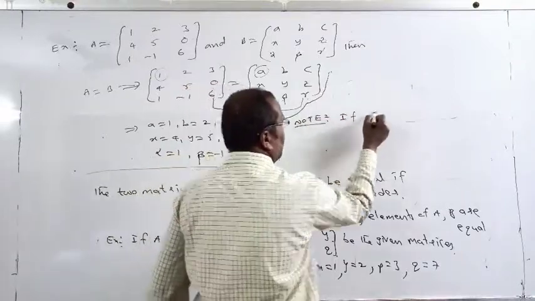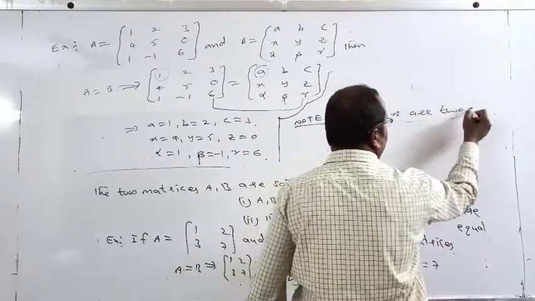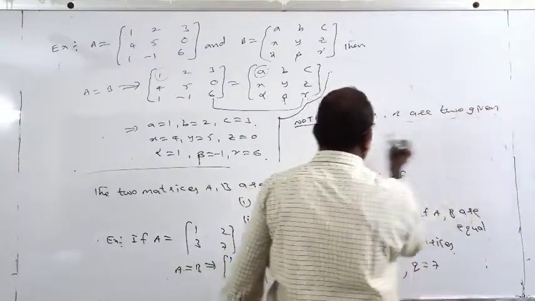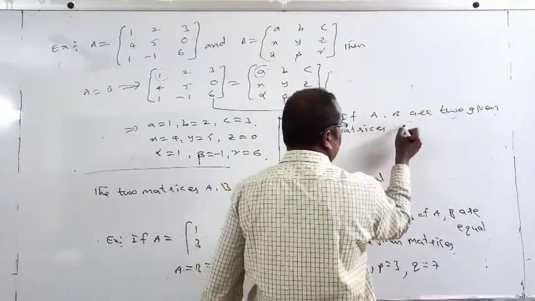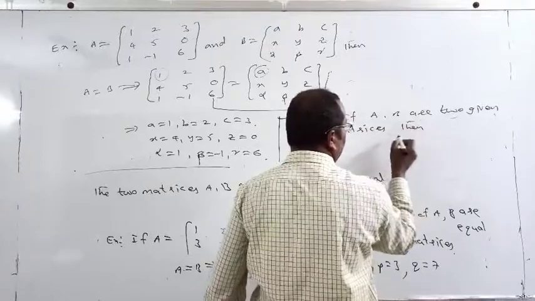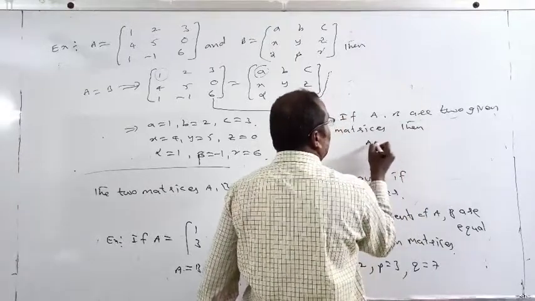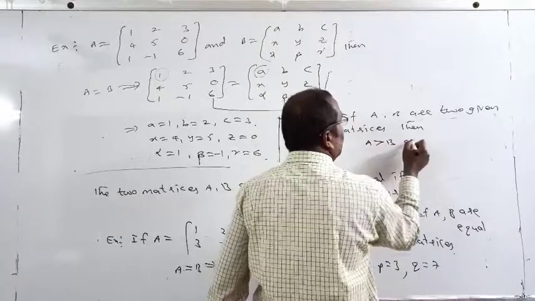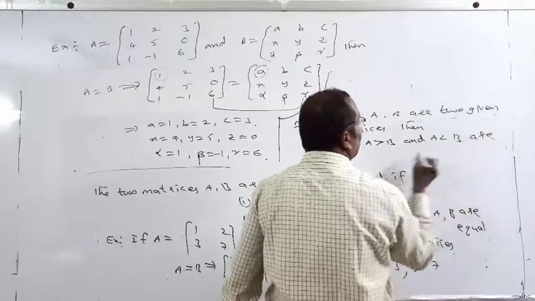If A and B are two given matrices, then A greater than B and A less than B are meaningless.